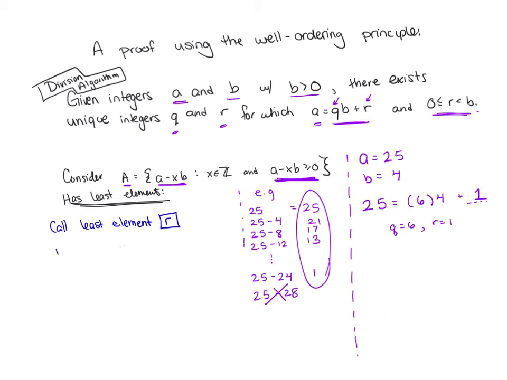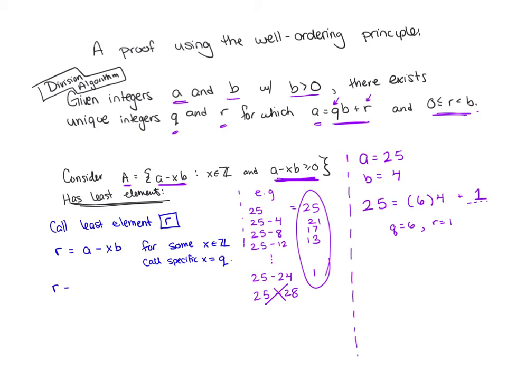And then I know that r is equal to a minus xb for some x in Z. So in particular, let's call that specific x, let's call that q.